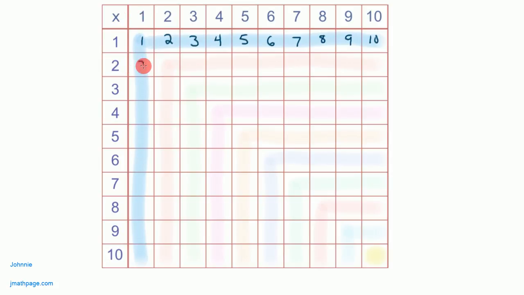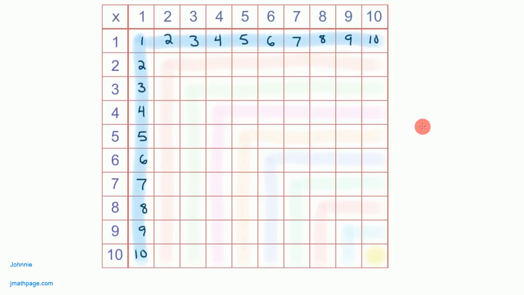It will still be 2, right? 3 ones, 1 times 3, is 3. 4 ones, 1 times 4, is 4. 5 ones is 5. 6 ones is 6. 7 ones is 7. 8 ones is 8. 9 ones is 9. And lastly, 10 ones, or 1 times 10, is 10.